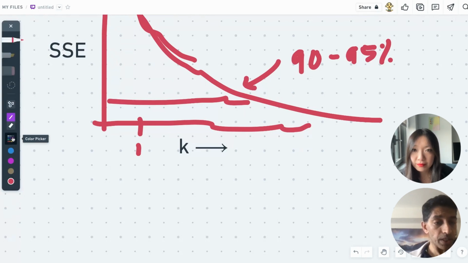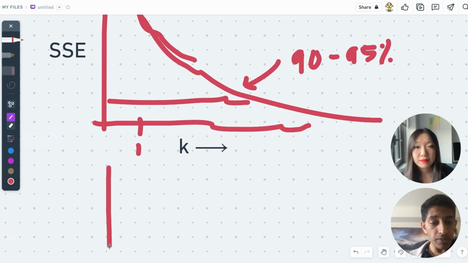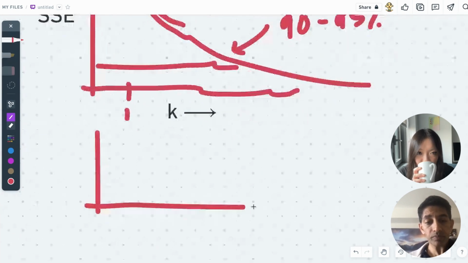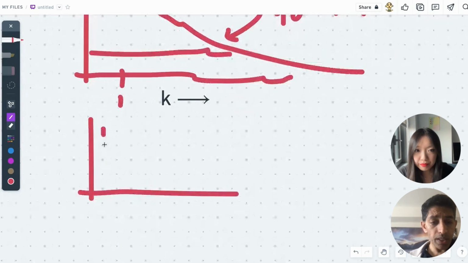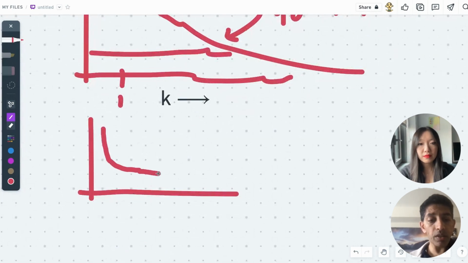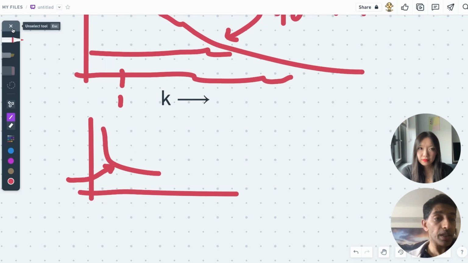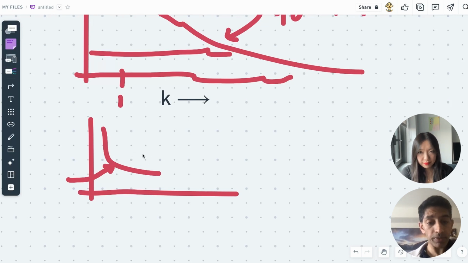Typically what happens, and again, this could vary from domain to domain and from data set to data set, is that there is a point at which the curve tapers off. This is what we call the elbow point, because a larger K yields relatively smaller marginal improvements in SSE reduction. That's why this common method is known as the elbow method, and you can visually capture that.